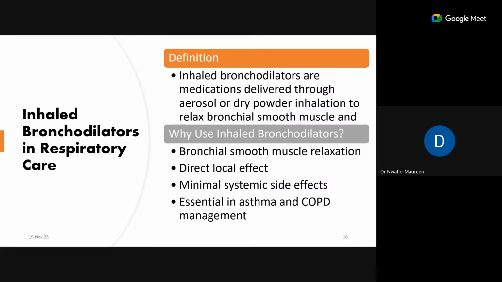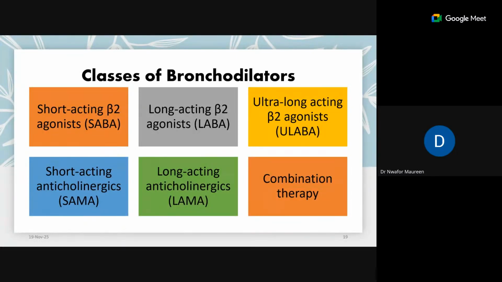Why use inhaled bronchodilators? For bronchial smooth muscle relaxation. They cause direct local effects and minimize systemic effects, which is very, very important. So that's why we always use bronchodilators.